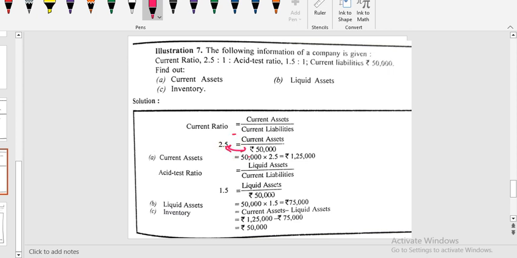So 50,000 into 2.5 is equal to 1.25 lakhs. That is the current assets.